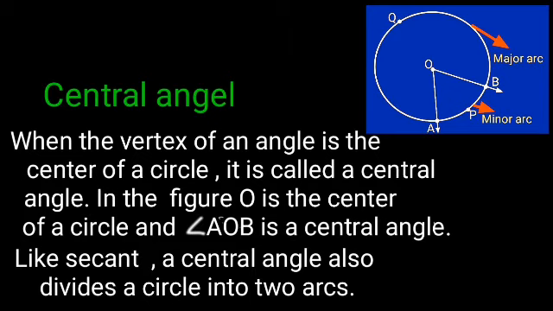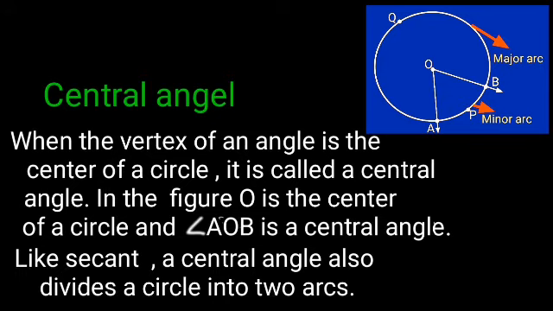When the vertex of an angle is the center of a circle, it is called a central angle. In the figure, O is the center of a circle and angle AOB is a central angle.